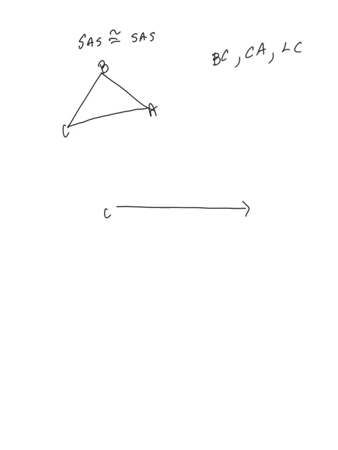So I'm going to start by putting my compass on C, and I'm going to open my compass so that my pencil, okay, mine is an Apple pen, passes through A. So then I swing my compass to show that I measured CA. Now I go down to the bottom where C is, I put my bullseye on C, and I make the same arc that I just had above. So this is A prime. I'll call this C prime.